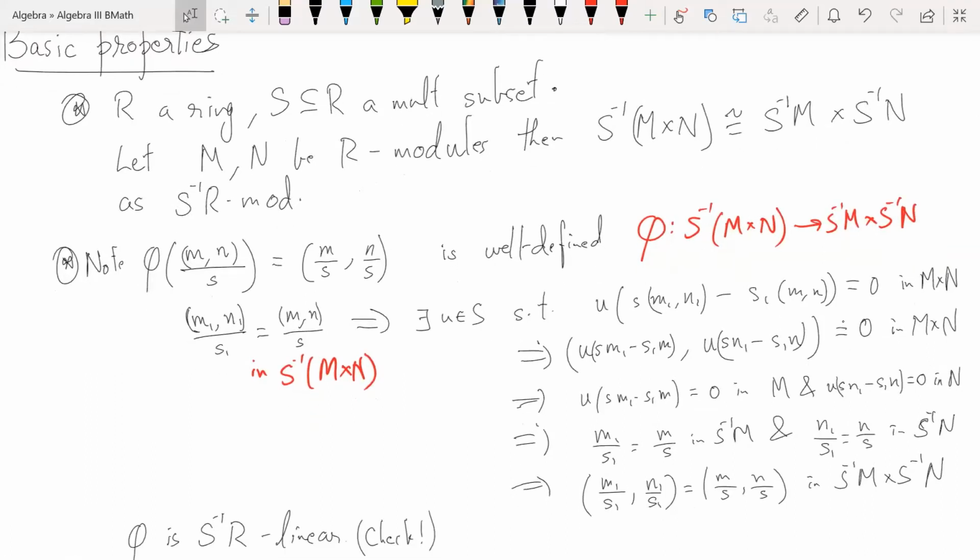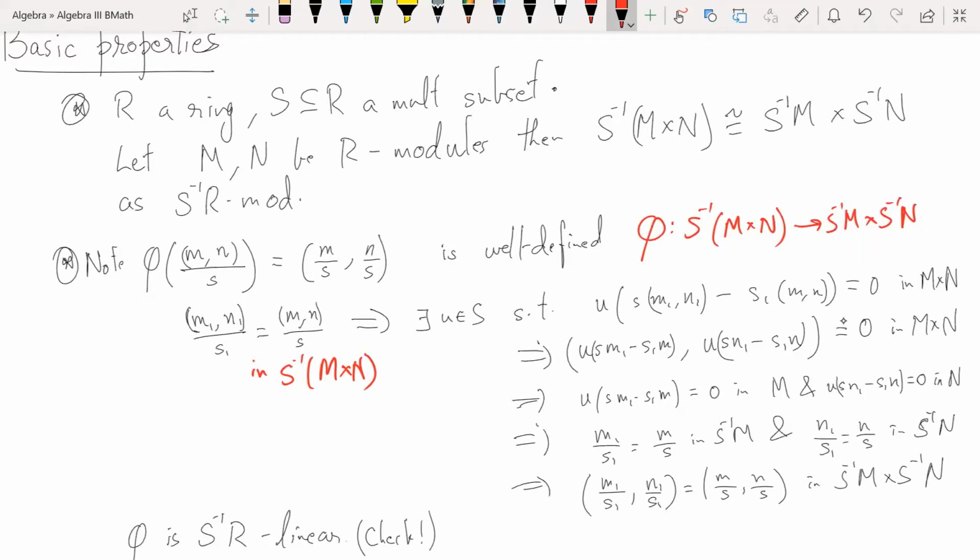And then remember the scalar multiplication, addition, subtraction, everything is component wise in M cross N. So you just do the thing for the first component, and you get u s m1 minus s1 m in the first component, and in the second component you get u s n1 minus s1 n. You factor u out, and that is 0 in M cross N. What is 0 in M cross N?